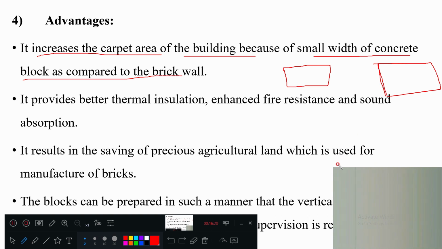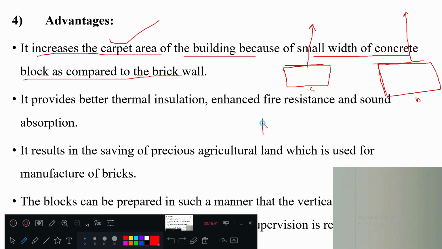Here the dimensions are a little larger, and here a little lesser. So the wall size is going to be lesser here, larger here. Lesser wall area means the carpet area is becoming large.